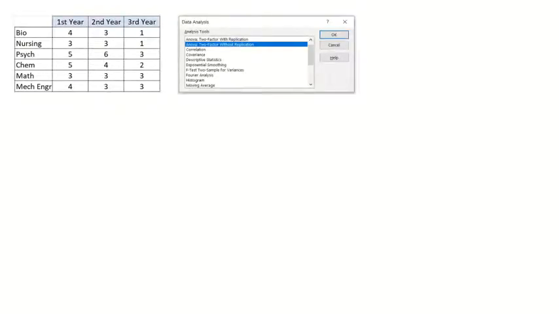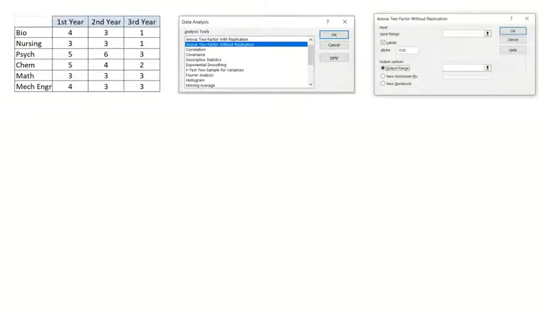Once you've inputted the data and the labels, you go to Data, then Data Analysis, and then choose ANOVA, this time two-factor without replication. You double click on that one, or you click OK, and this dialog window is going to pop up.